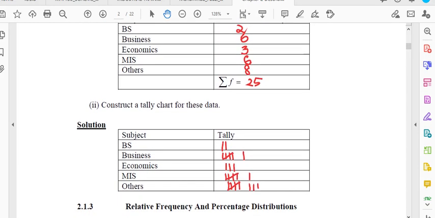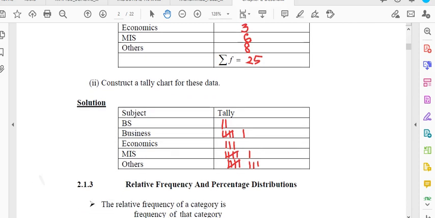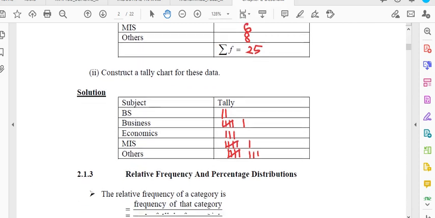Another part they may ask you is to construct a relative frequency or percentage distribution. This is what students always confuse. So what is relative frequency? Pretty simple.